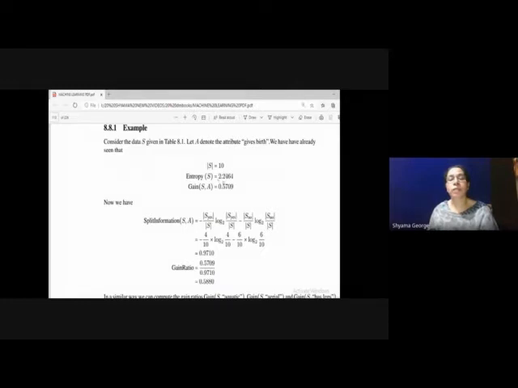You have already found that, it is equal to minus 2.2464. Then gain of S, A, that also we calculated previously. Then what is split information? Split information is when you take the attribute gives birth. You have to consider the values of the attribute gives birth. The attribute gives birth has two values, yes or no.